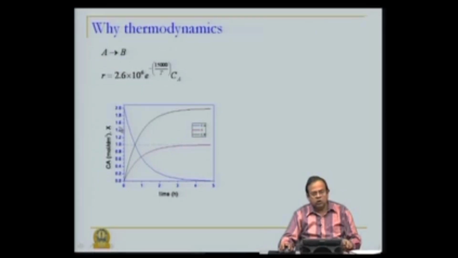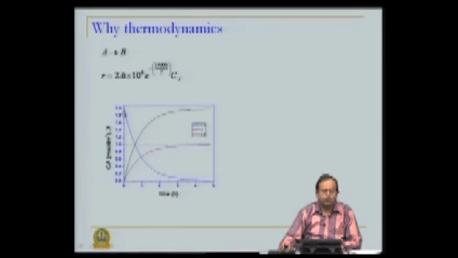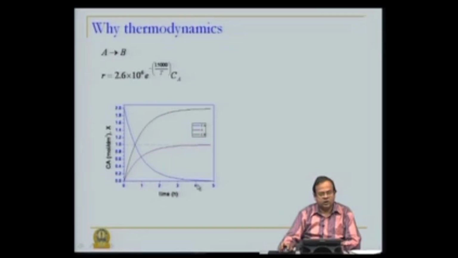So, let us closely look at the progress of this reaction. On the x axis we have time. So, we are doing a batch reaction. We are taking let us say samples at various times, and on the y axis is conversion and concentration of species A. Let us start with species A first, and shown in the blue line is the concentration of A as it changes as the reaction proceeds.